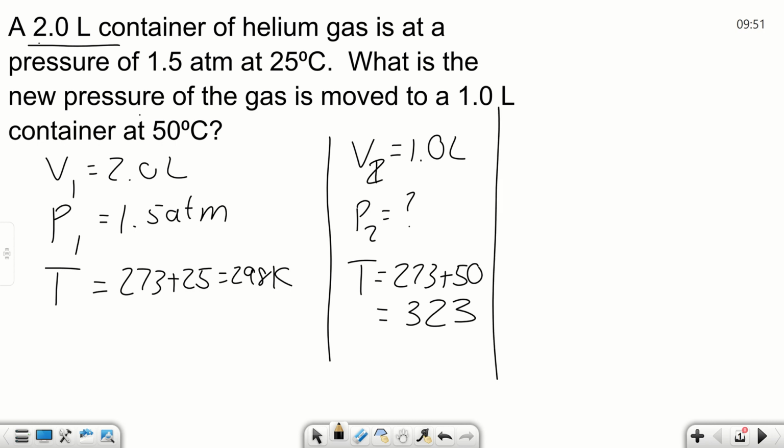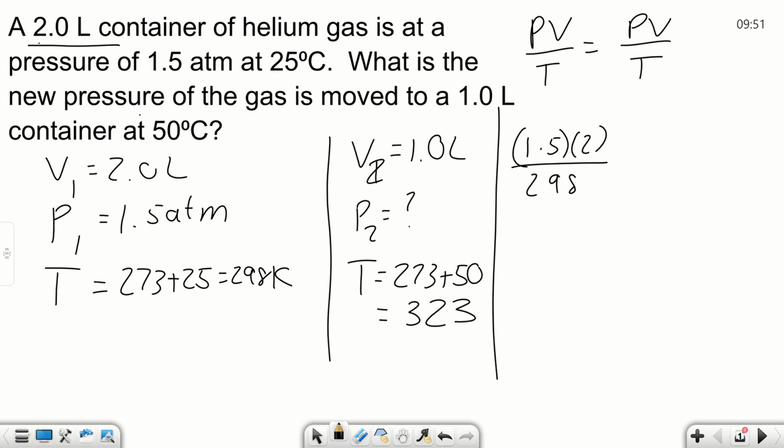Based on the fact that I have volume, pressure, and temperature, and multiple things changing, this must be a combined gas law problem. So I would set it up as P1V1 over T1 equals P2V2 over T2. And so I would have 1.5 times 2 over 298 equals P times 1 over 323.